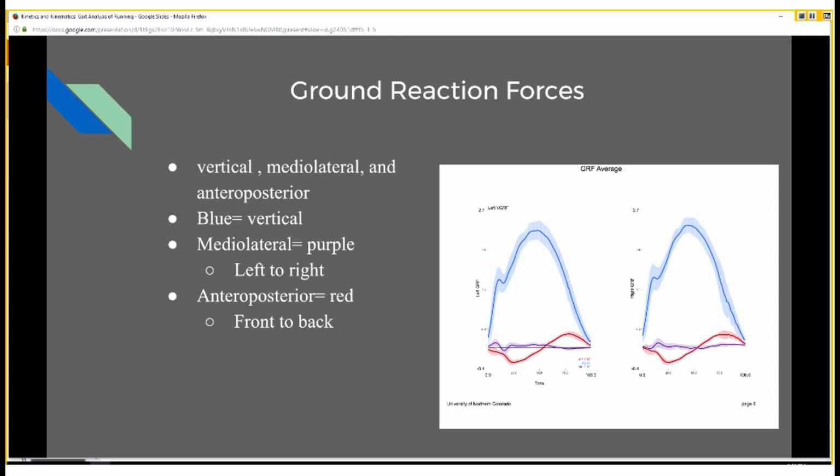We are looking at mediolateral, which is left to right forces, in the purple right there. And then we are looking at the anterior posterior, which is the red line right there, and that's front and back forces. And we had to process all of these so that they look neater, because we had a lot of different lines everywhere. So we cleaned it all up and processed the data.